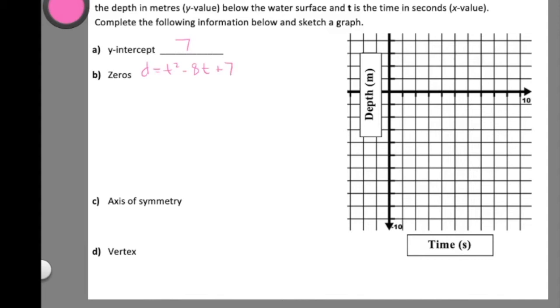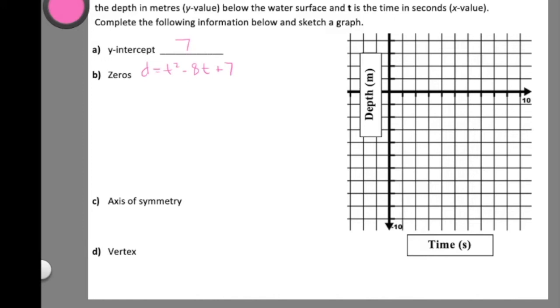If I factor this, I need two numbers that will multiply to give me 7 and add to give me -8. So those numbers are going to be -7 and -1.